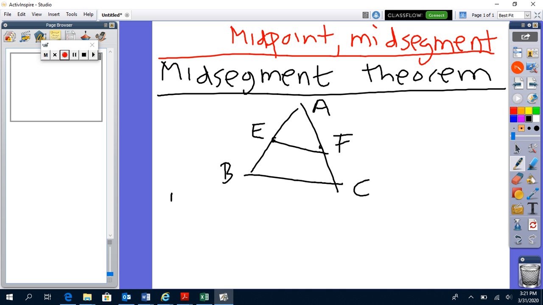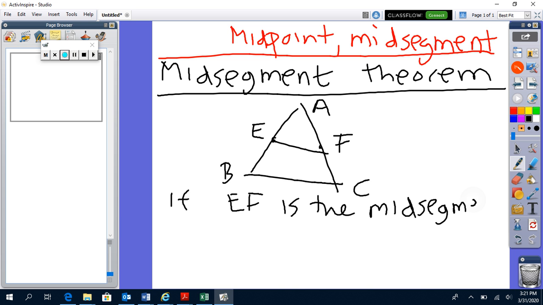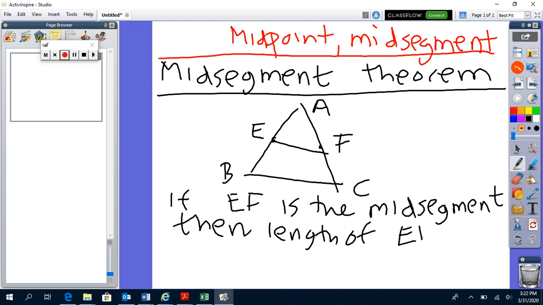So, if EF is the mid-segment, then the length of EF equals half the length of BC.